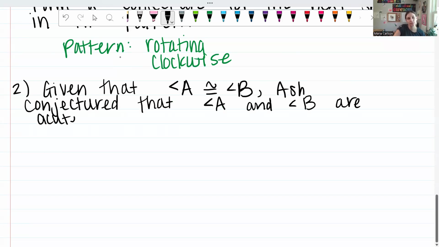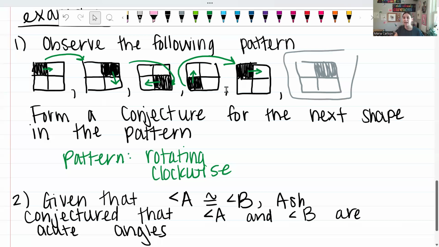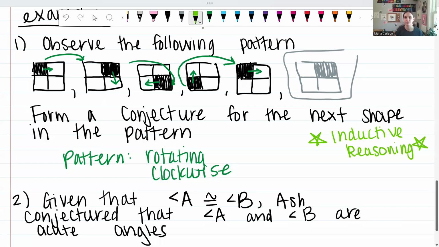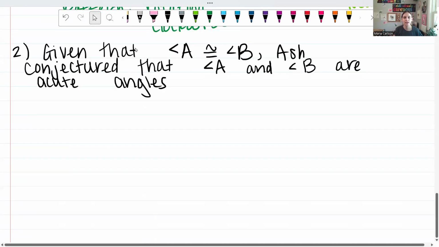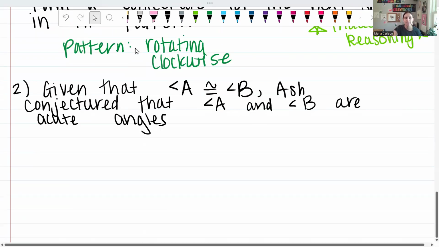And I want to pause real quick and go back to the last example. Because we were observing this pattern, this is inductive reasoning. Let me just make that note. All right, back to example 2. Given that angle A is congruent to angle B, Ash conjectured that angle A and angle B are acute angles.